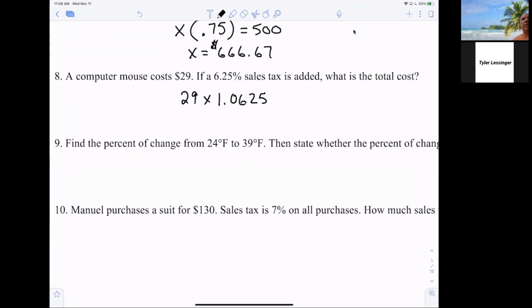Remember, it's not asking me about the tax, it's asking me about the total. So if I do 29 times 1.0625, round it to the nearest penny. Anybody else get $30.81? Everybody got that?